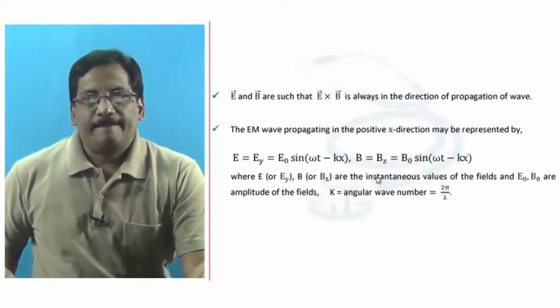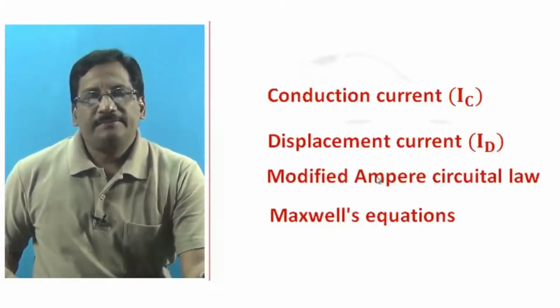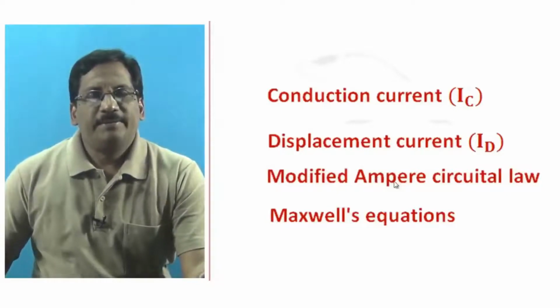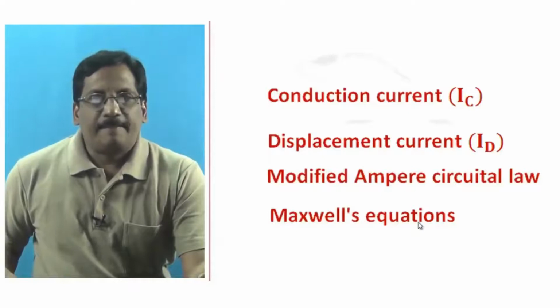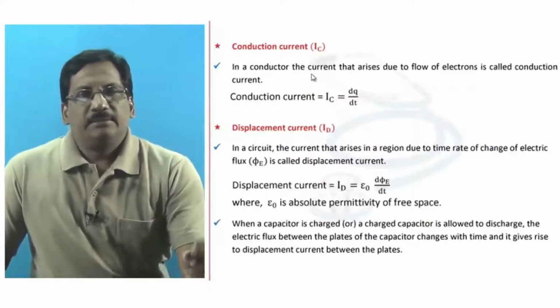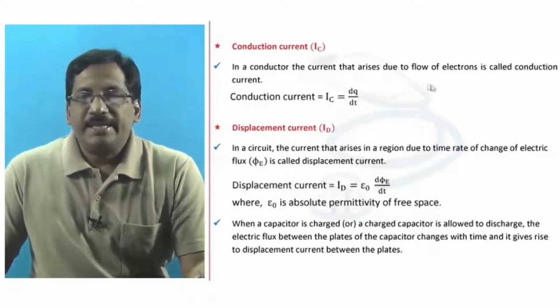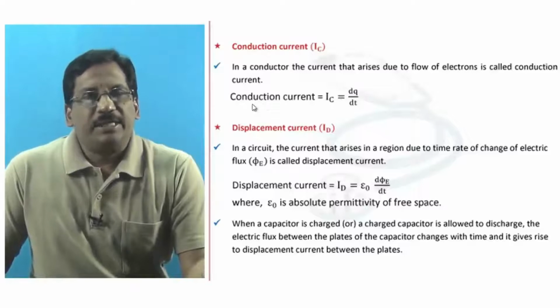And then let's understand the conduction current, displacement current, modified Ampere circuital law, and very importantly Maxwell's equations. We know in a conductor, the electric current that arises due to flow of electrons is called conduction current.